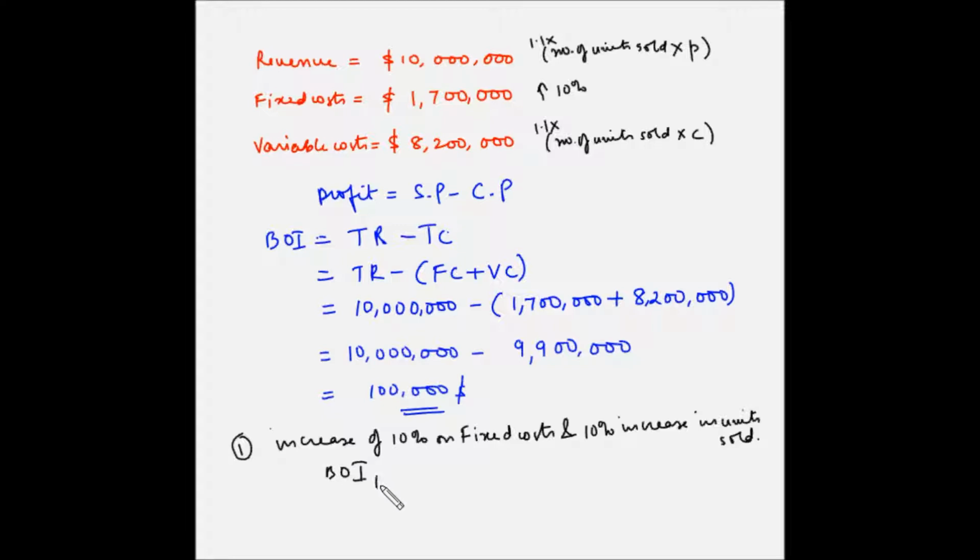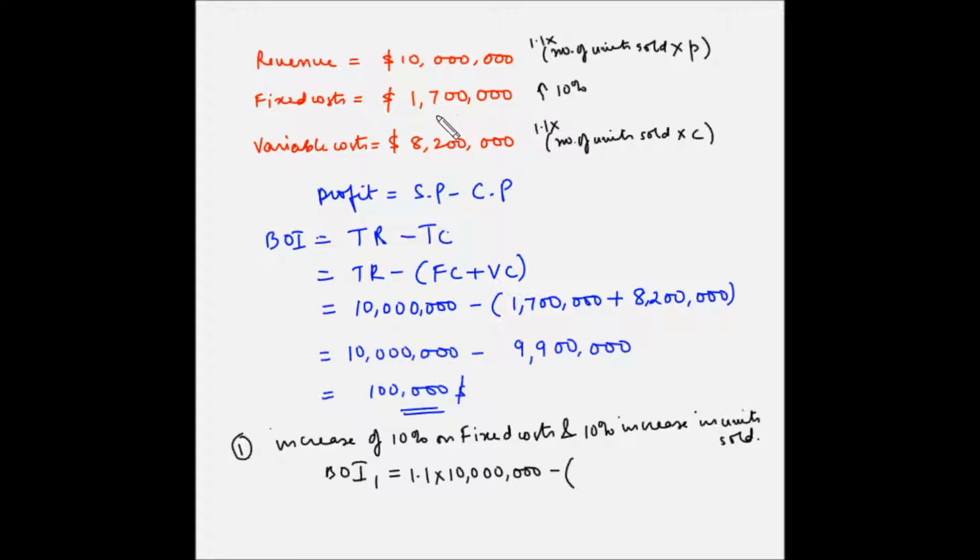So BOI1 will be equal to, now the formula remains the same, total revenue minus the total cost. So the total revenue now in the new case is 1.1 times the revenue. So 1.1 multiplied by 10 million, minus the fixed cost, which has increased by 10%.